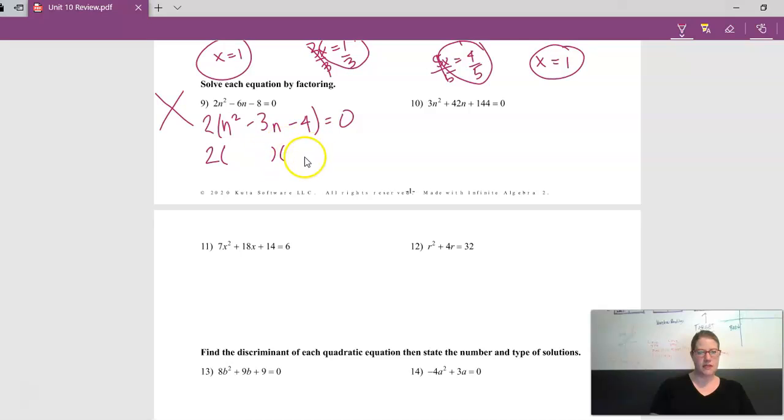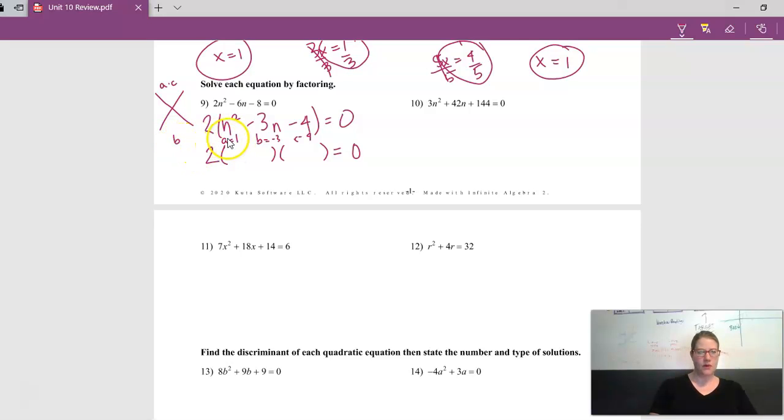So remember that 2 is going to stay out front, but I can kind of ignore it now. I'm just looking at what's inside the parentheses. So if there's nothing in front of n, it's going to be a 1. So a is 1, b is -3, and c is -4. So remember, when I'm x factoring, up on the top, I want a times c, and then down here on the bottom, I want b.